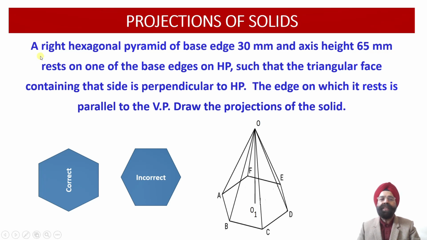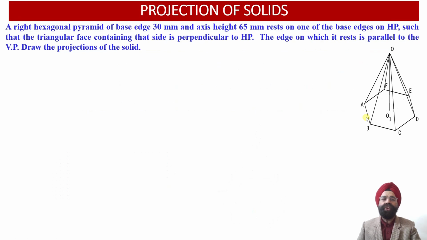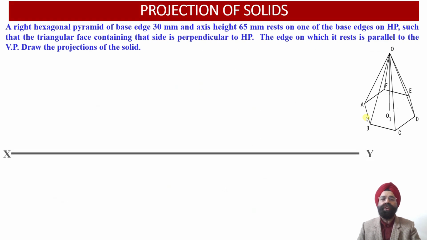So this becomes an oblique hexagonal pyramid for which the orthographic projections of the solid have to be obtained. Now with this information, let us proceed with the construction of orthographic projections of the right hexagonal pyramid which is resting on its base onto the horizontal plane.